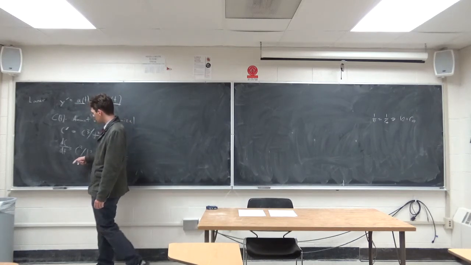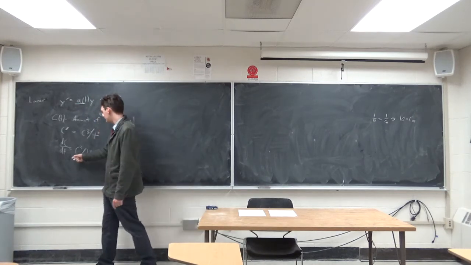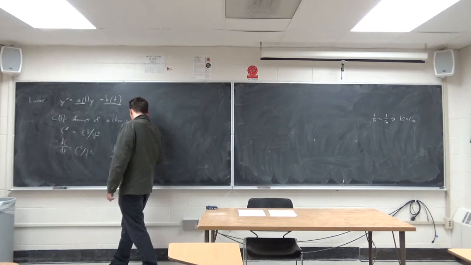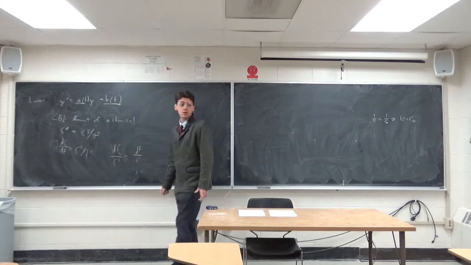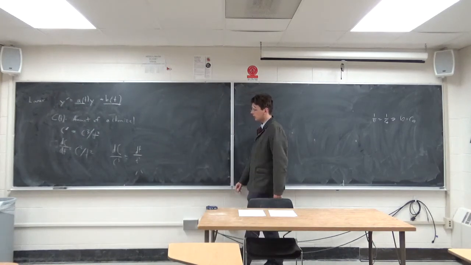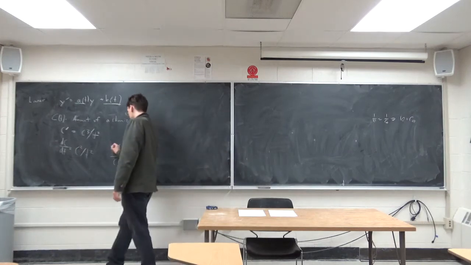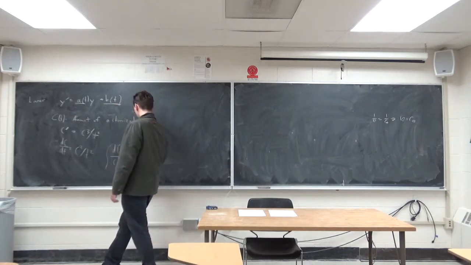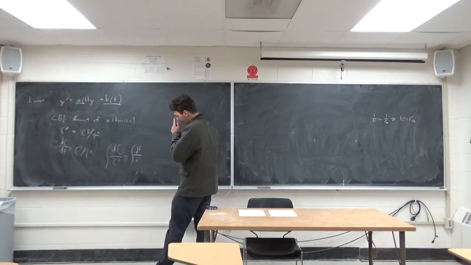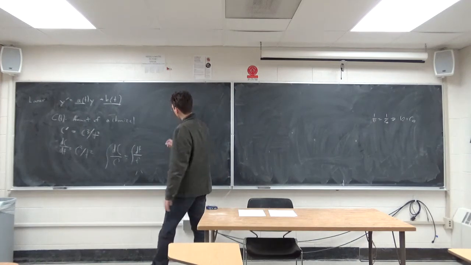And then over here, I'm not just going to have dt, I'm going to have dt divided by t squared. Okay. Where are we going to go with that? Well, let's just take the integral and see where that goes.